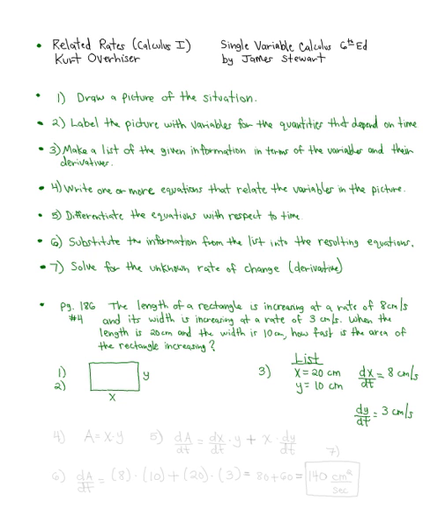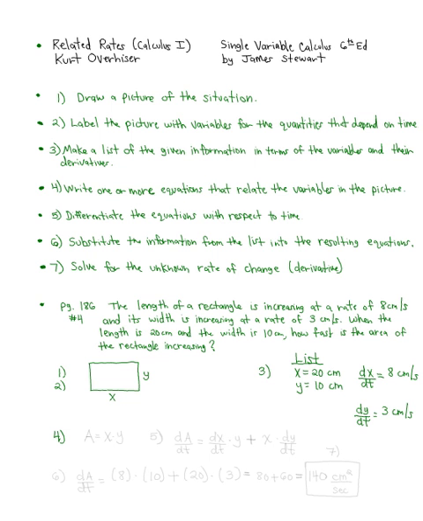Next, the problem indicates that you have to talk about the area of the rectangle. So when we get to step number 4, step 4 says we have to write down an equation that relates the variables in the picture.